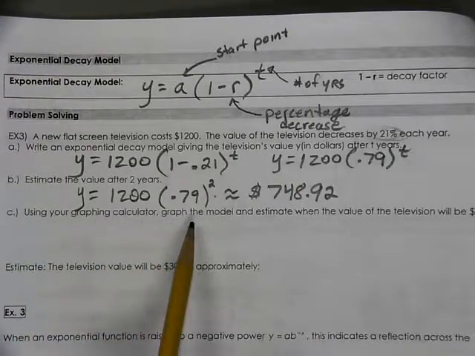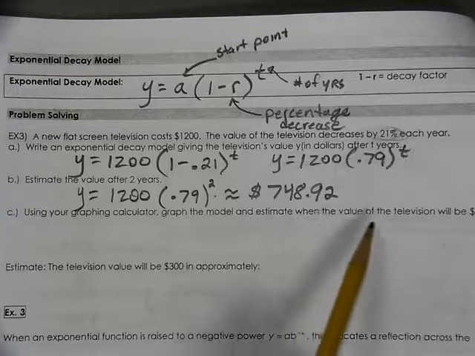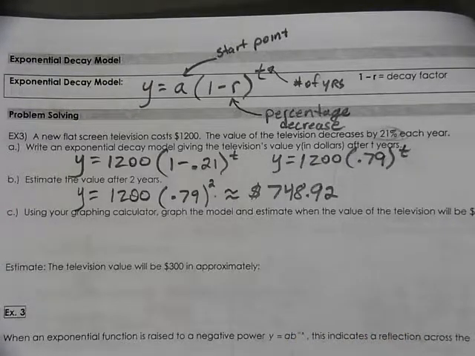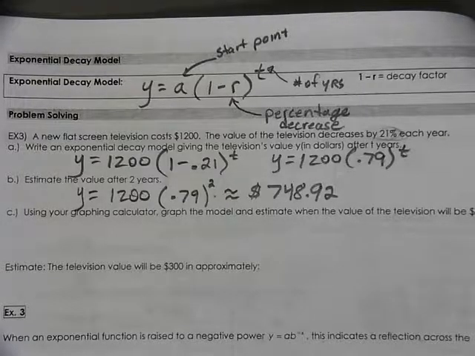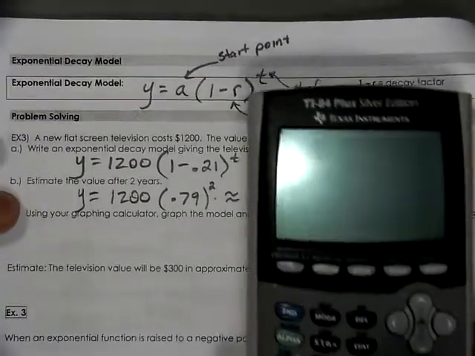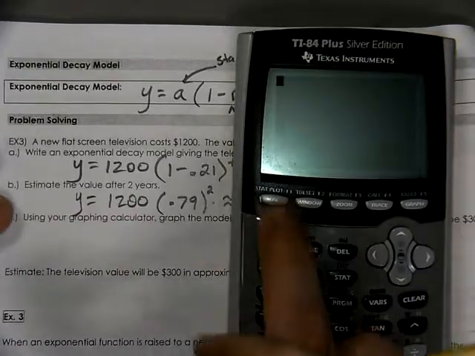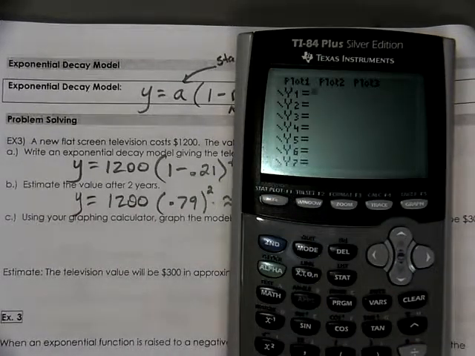Using your graphing calculator, model and estimate the value of the television. When will it be $300? That's all the money I've got. So when is the TV going to be worth $300? Get your graphing calculator out and go to y equals.